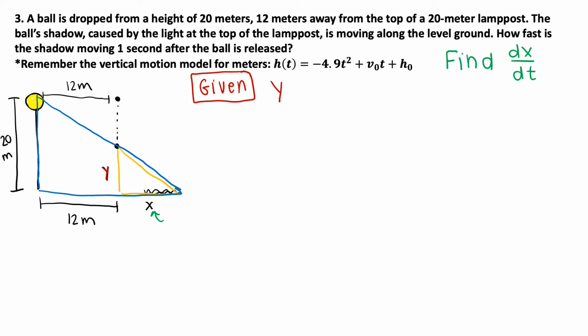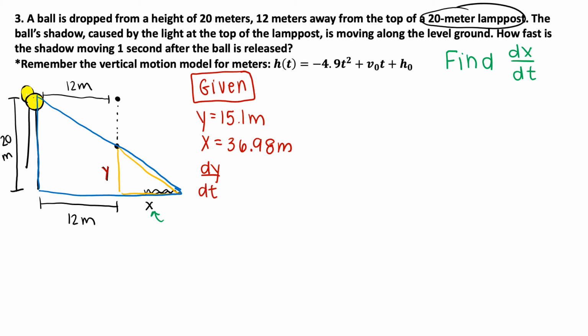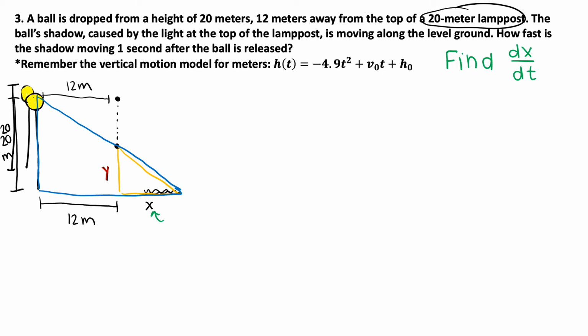So you guys know me, I can't visualize anything without a picture, so I have a lamppost, nice and bright. And my lamppost is 20 meters. Okay, then it says a ball is dropped from a height of 20 meters but 12 meters over.